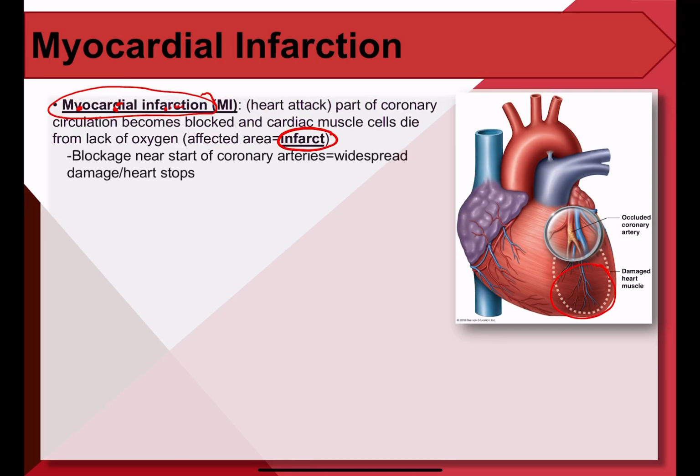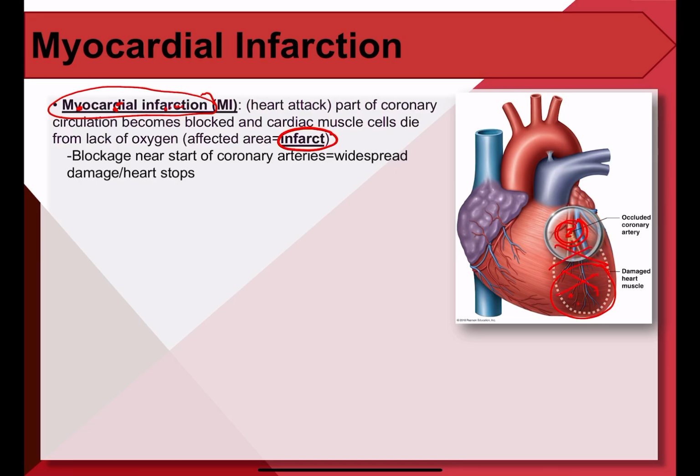Now, the severity of the disease, or how likely it is to save a patient from a heart attack, can have to do with the location where the blockage happens. If the blockage is closer to the start of the coronary artery, for example, up here instead of down here within these tiny blood vessels, you're going to block blood flow to the rest of the arteries down here.